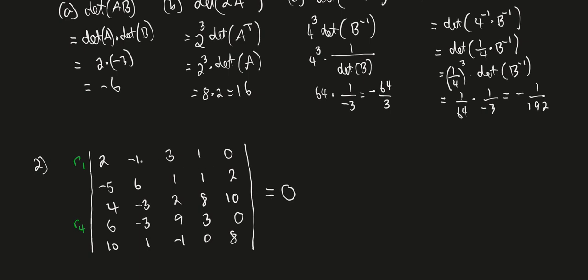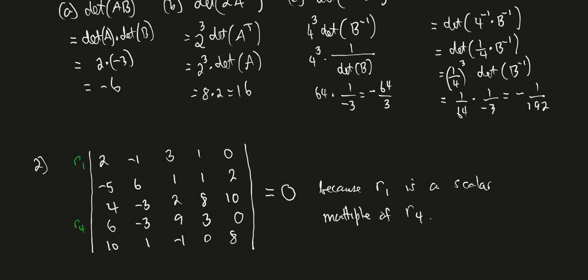And I encourage you, if you have a device or if you know of a website that you can go to compute a determinant, go ahead and put this in and see what you get. But it is going to be 0, and it's because row 1 is a constant or scalar multiple of row 4.